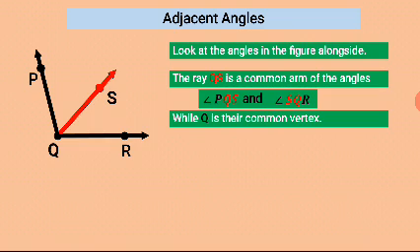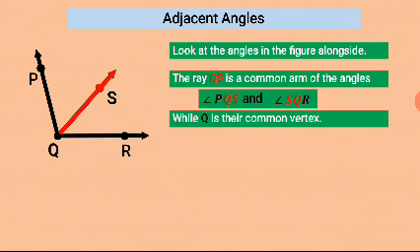Q is their common vertex. In these two different angles, Q is the common vertex. There is one common arm and one common vertex, but the interiors are different.